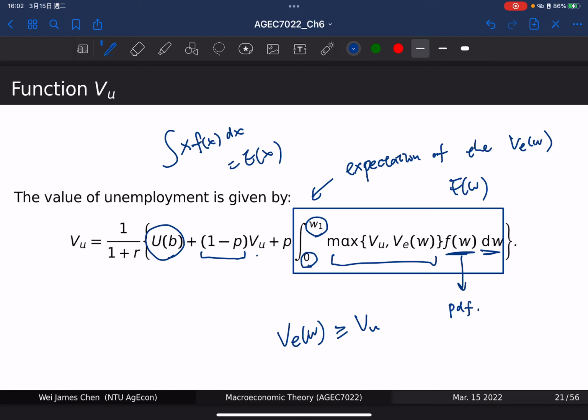And similar trick, I discount it back for one period. And that whole thing must equal VU. That's the same Bellman equation trick I have for the employed people.